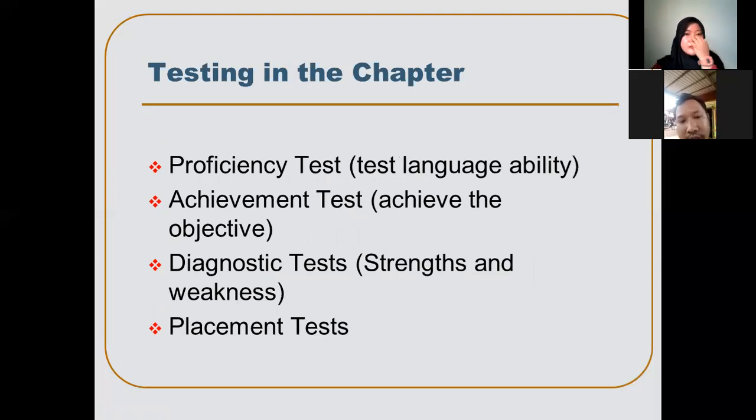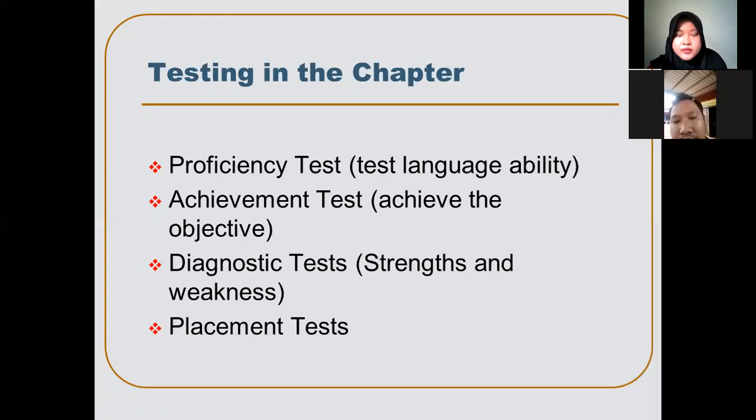In a proficiency test, we test students' proficiency, the ability of language. Normally in a proficiency test, we test all types of skills, the four macro skills. If you want to assess all skills in language, we can use a proficiency test to test that ability. And another one, we have the achievement test.